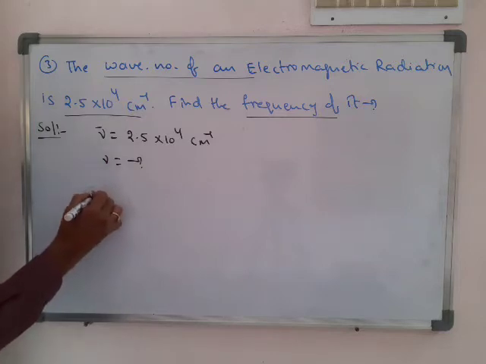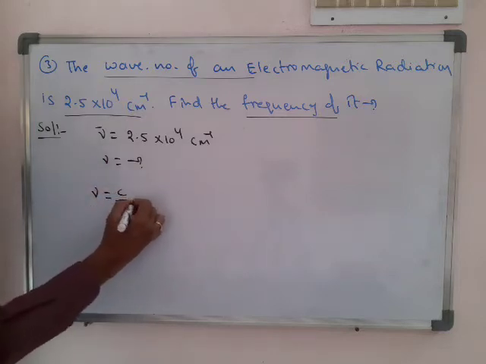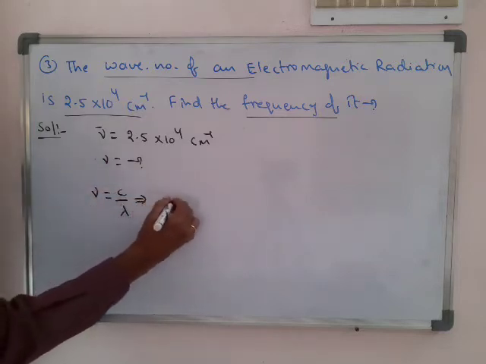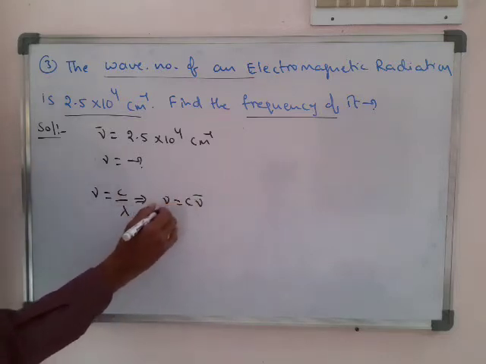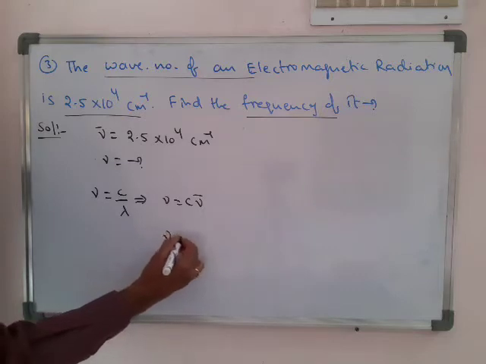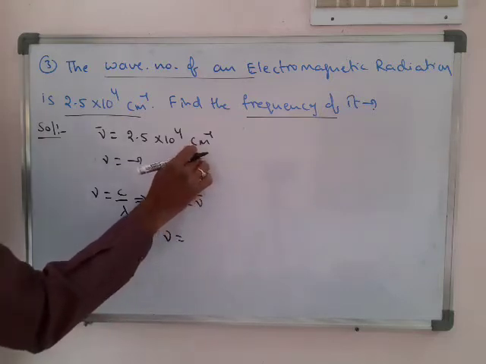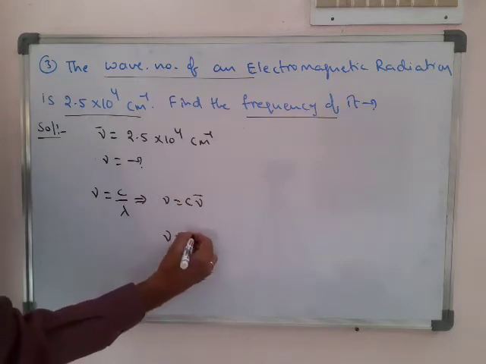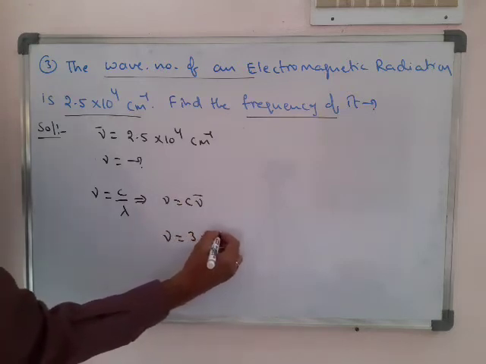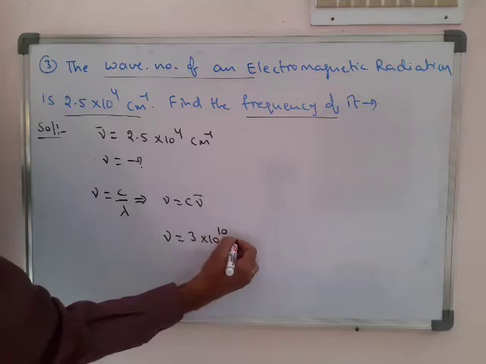So already we know the general relation nu is equal to c by lambda. We know that 1 by lambda is equal to nu bar. So nu is equal to c into nu bar. Since it is taken in centimeter inverse, it is CGS method, so follow the CGS method: c is 3 into 10 to the power of 10 centimeters per second.